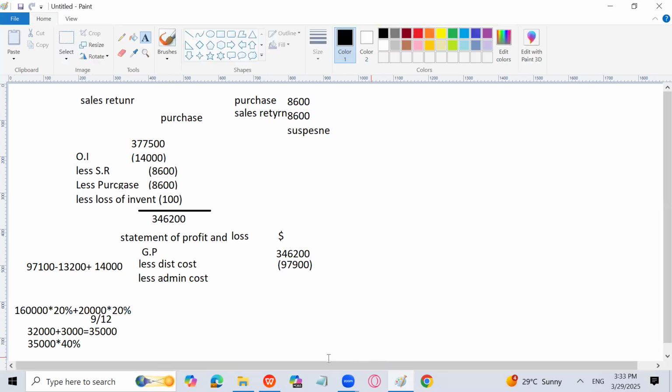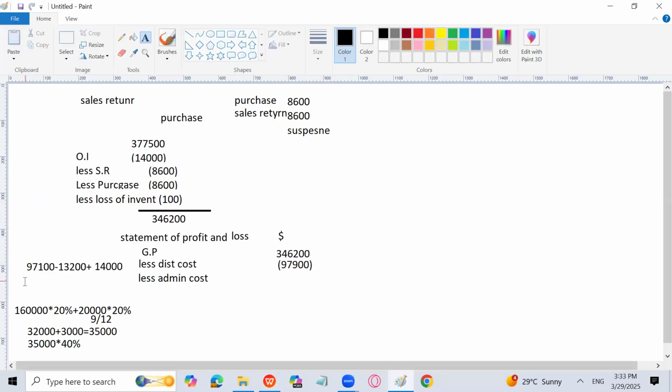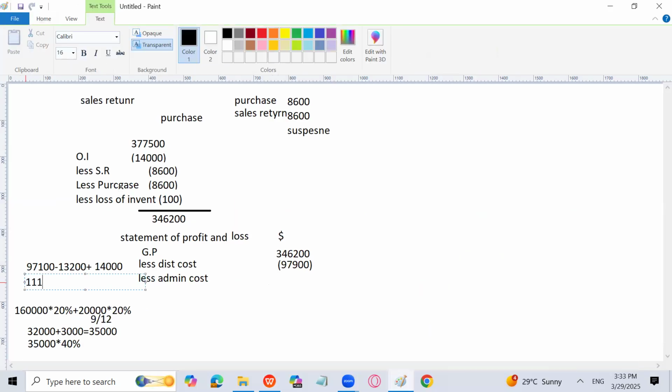Now let's move toward the admin expenses. Admin cost given is 111,400. And definitely, first you know that 111,400 plus 60% of the depreciation 35,000. So you can calculate 35,000 into 60%, 0.6, that is 21,000. 21,000 is going to be added.